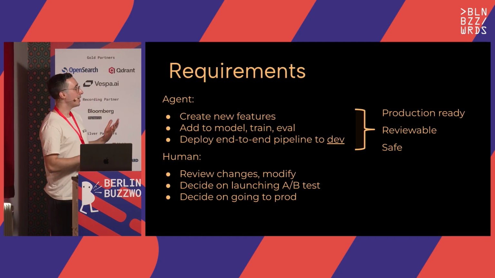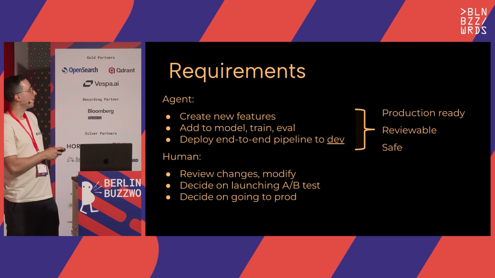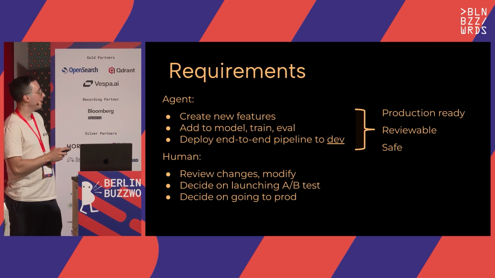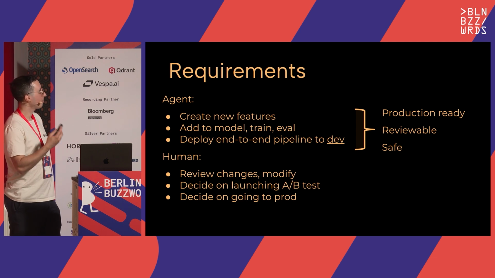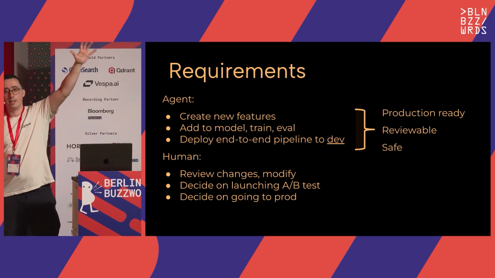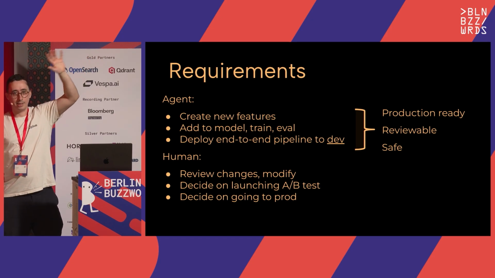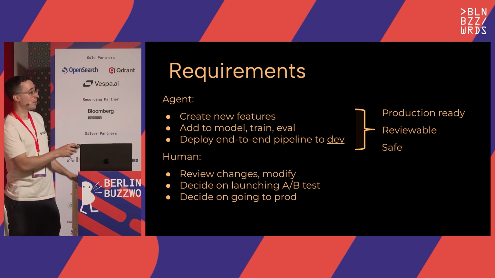The way we have been viewing this, and what we've seen work well in this world, is that agents create new features, add them to a model, run model training, and evaluate the impact of that feature. And then deploy end-to-end pipelines all the way to dev. So if you even want to run an A/B test off of something that the agent did, that should be doable. Everything the agent does should be production ready, reviewable, and safe.